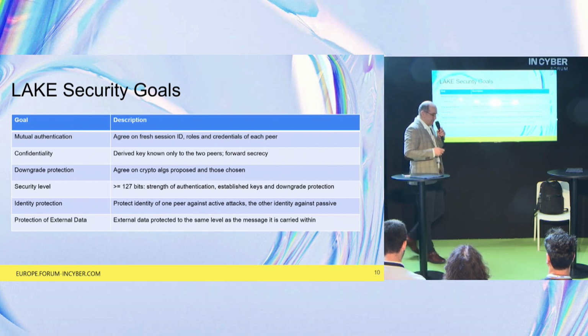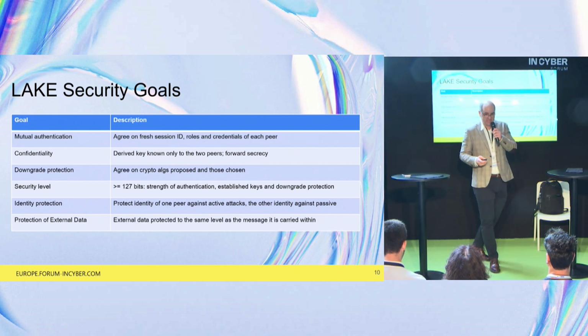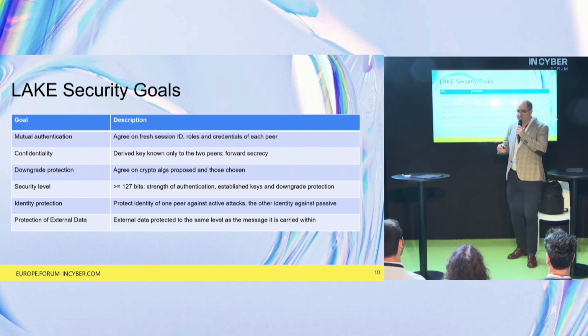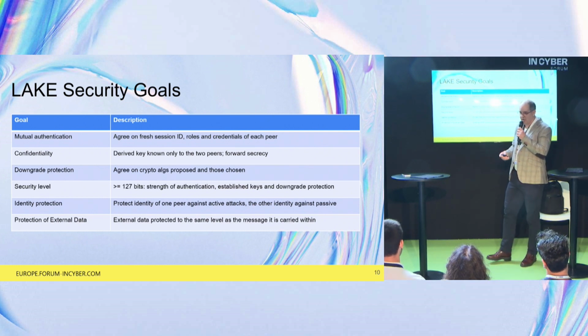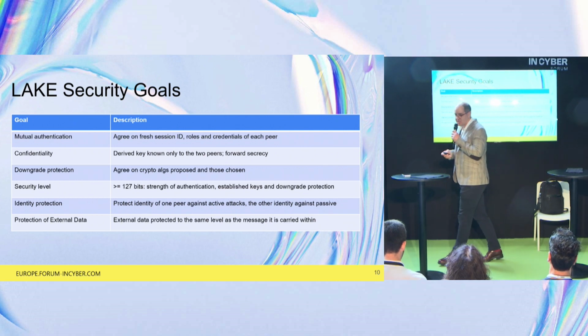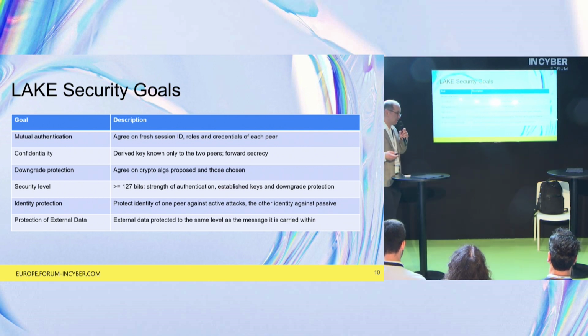So first, the security goals of the protocol, as they were standardized in the IETF, include some typical requirements for an authenticated key exchange protocol. These are mutual authentication, confidentiality, downgrade protection from different downgrade attacks, security level, identity protection, and there was also a requirement of the protocol being standardized in LAKE to transport third-party application data on top, and we call this data external authorization data.